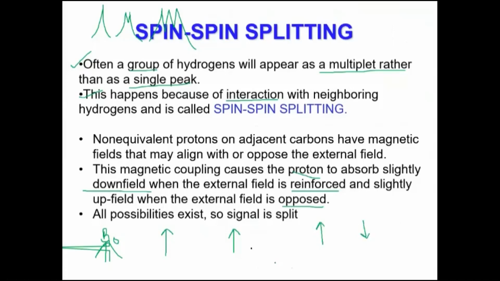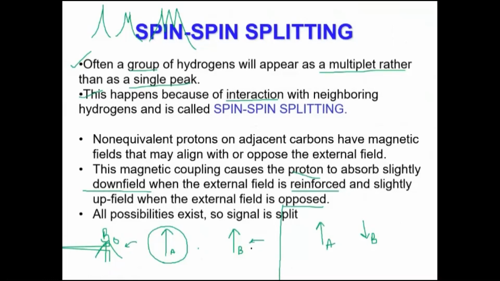Let us consider this as proton A and this as proton B. I want to calculate the field experienced by proton A. In the case on the left-hand side, the direction of the external magnetic field and the direction of proton B is the same.